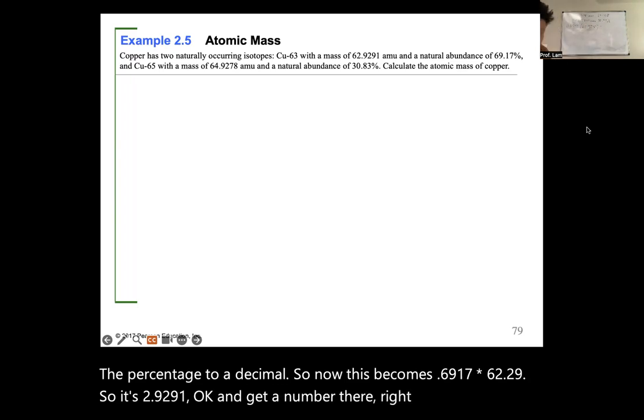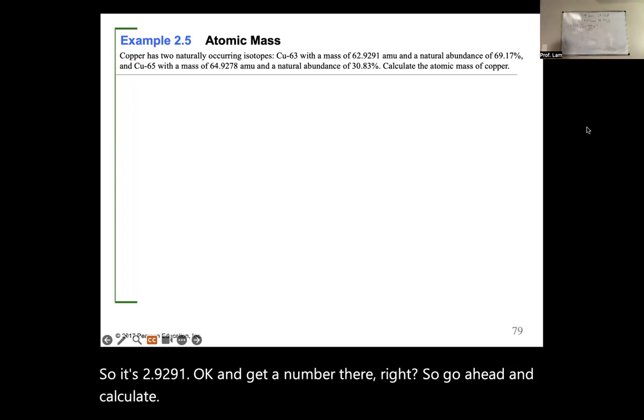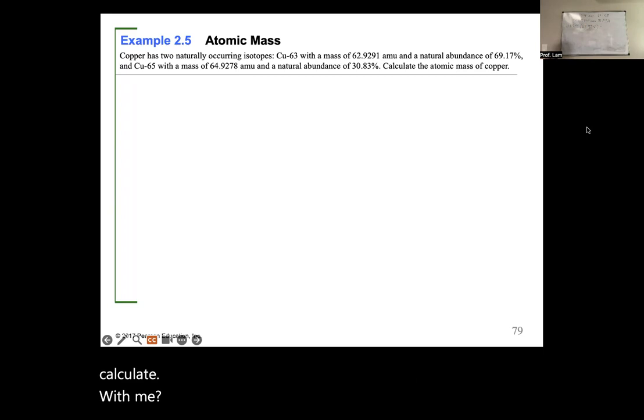So go ahead and calculate with me. Remember that you should also have a calculator out. 62.9291 times 0.6917 gives 43.53.